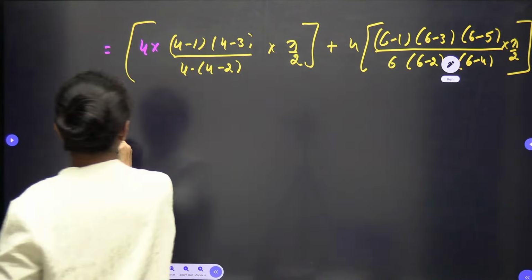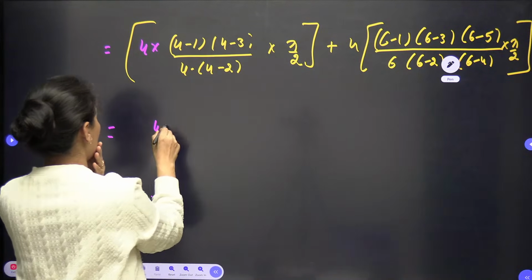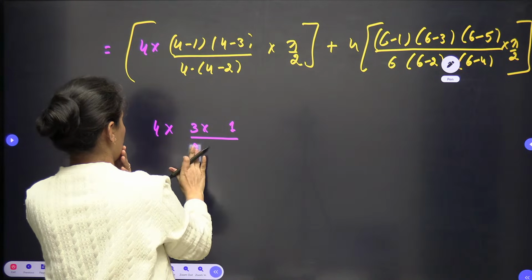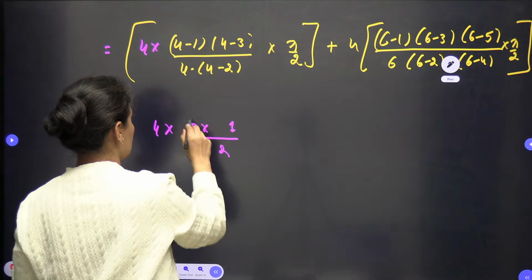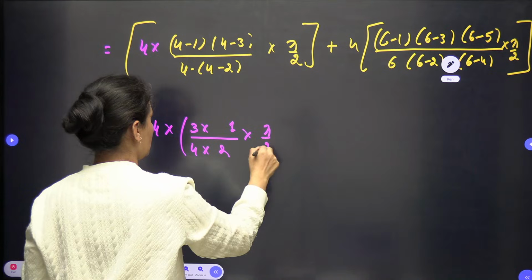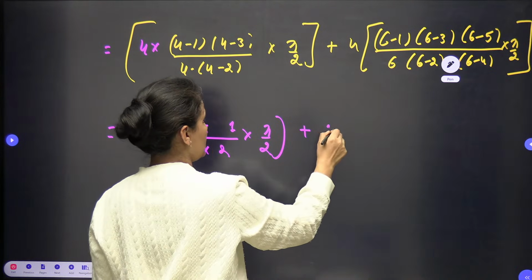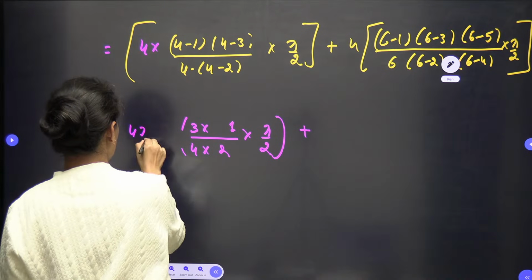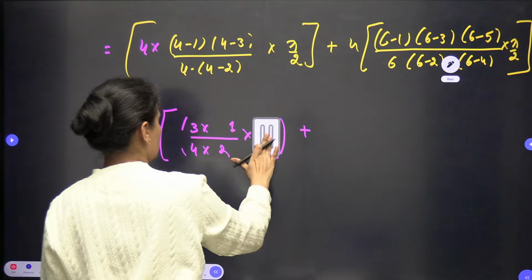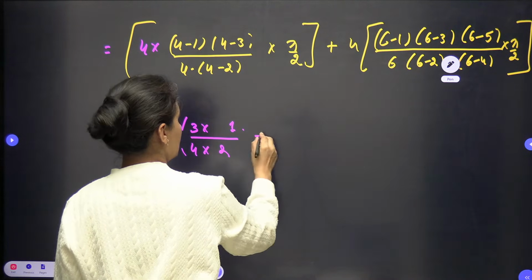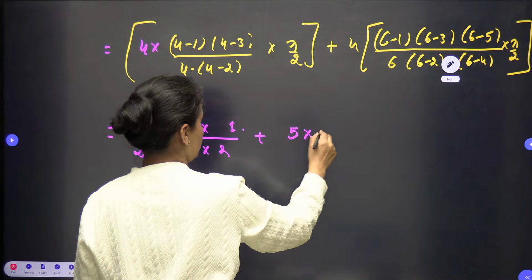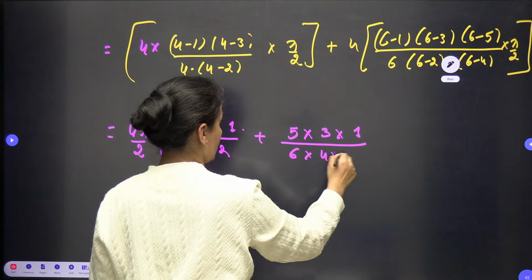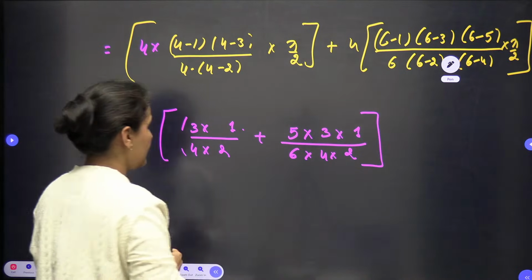Alright. So we can solve this: 4 into 3 into 1 over 4 into 2, into pi by 2. If you want, you can take 4 pi by 2 outside. So this will be plus 6 minus 1 is 5, then 3, then 1, over 6, 4, 2.